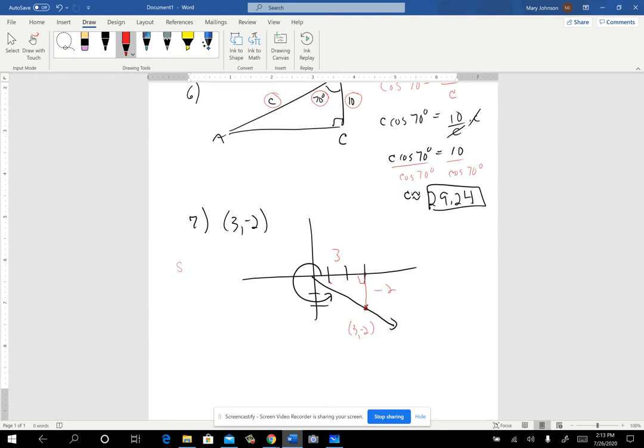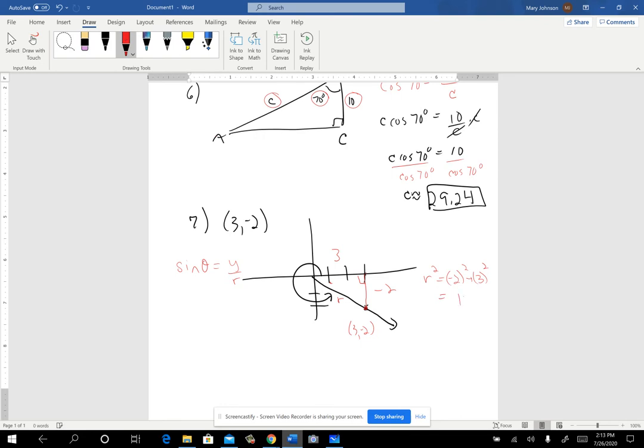This one wanted the sine of theta. It's not just -2, because this point is not on a unit circle, so it's not just the y coordinate of the point. It would be the y coordinate over r, the way it was defined. So we need to get r, don't we? We can do that by using the Pythagorean Theorem. We know r squared would equal 2 squared plus -2 squared plus 3 squared.